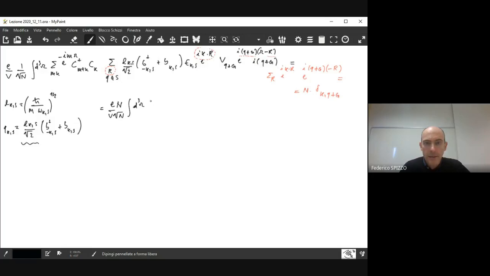So I have a sum over m that comes from the electrons, a sum over q, over g and over s. So I have e to the minus I m r, c cross m plus q plus g. Then I have c q plus g.